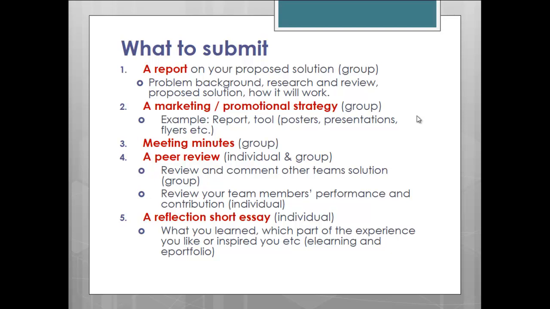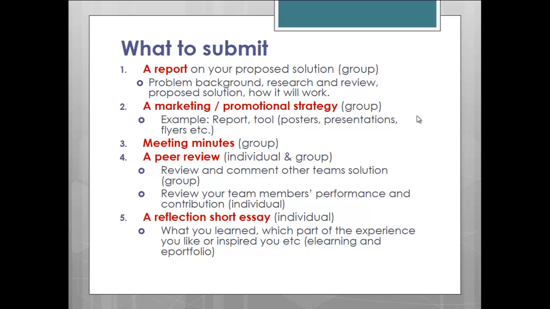And then items 1, 2, 3, and 5, all these four, you have to put in e-learning under a folder. Then you have to give me the link in e-learning. I know this is group work, but everyone should put the report, marketing promotional strategy, meeting minutes, and reflection into their e-portfolio.